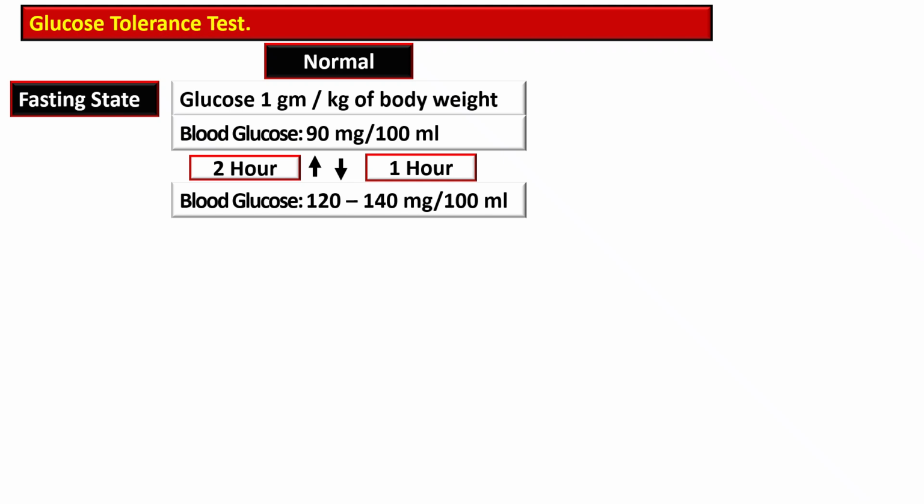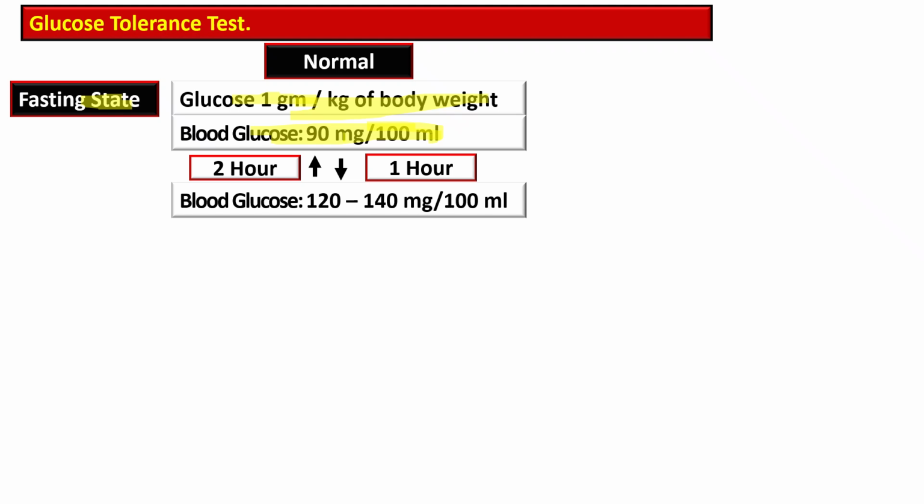So normal response is when a fasting person ingests 1 gram of glucose per kg of the body weight. The blood glucose rises to 90 to 100 milligram per 100 ml.